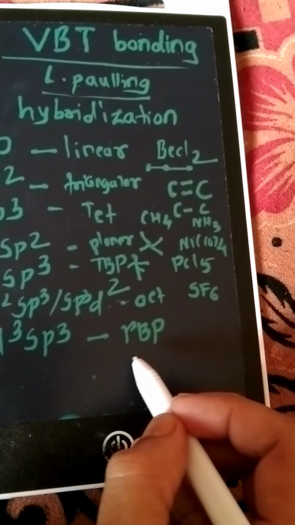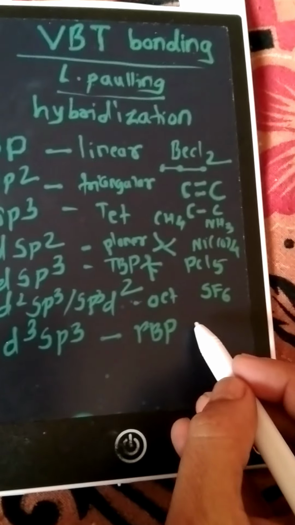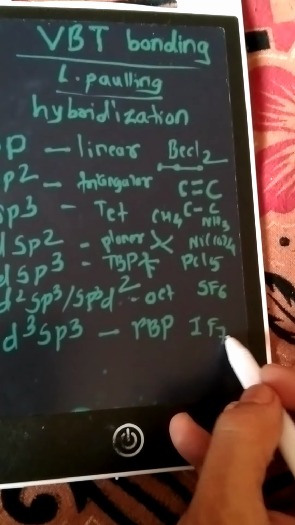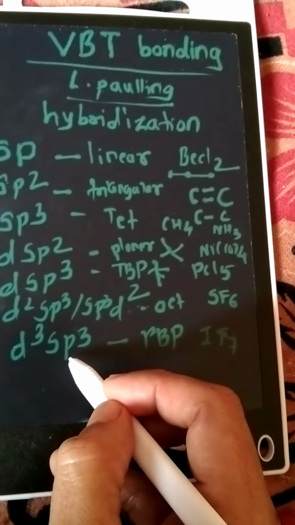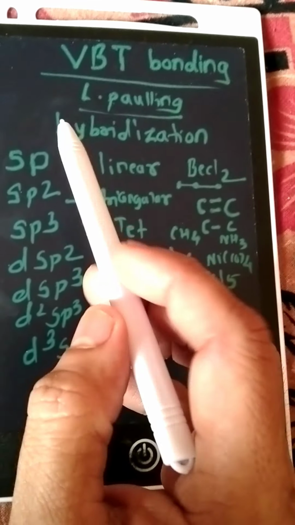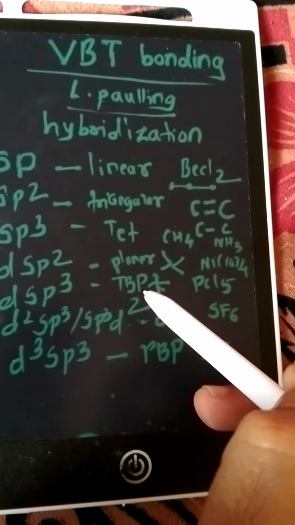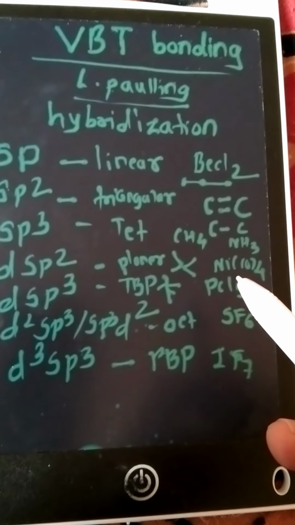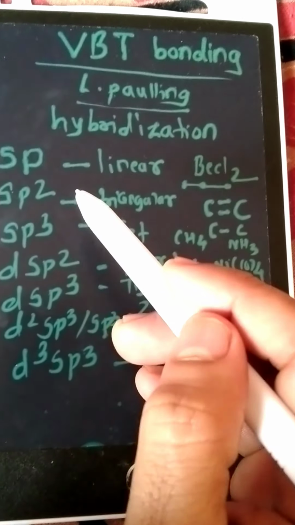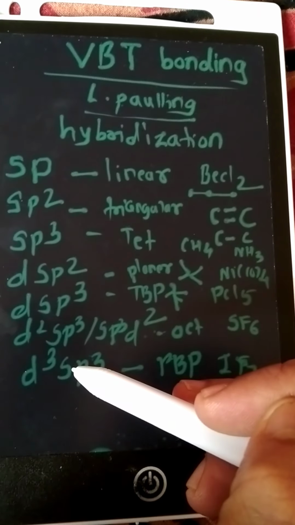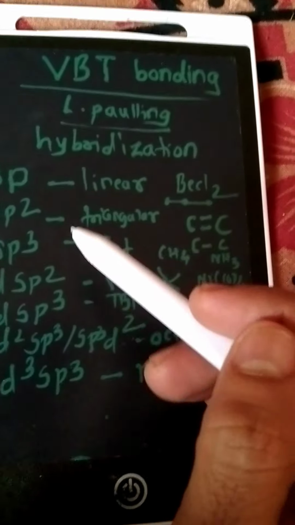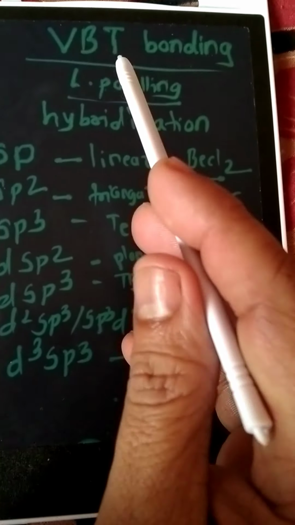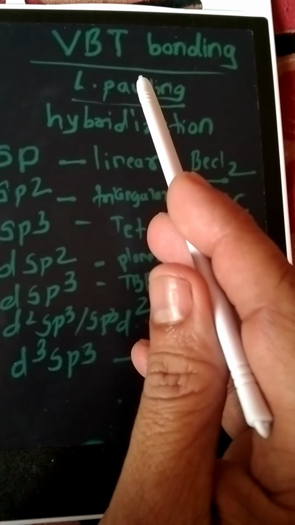PBP contains 72 and 90 degree bond angles. The example is the IF7 molecule, iodine heptafluoride, or some complexes showing d3sp3 hybridization. So hybridization shapes, structures, bond angles, geometries, and the ss, sp, pp, d overlaps are explained by the hybridization concept of Linus Pauling under the valence bond theory.